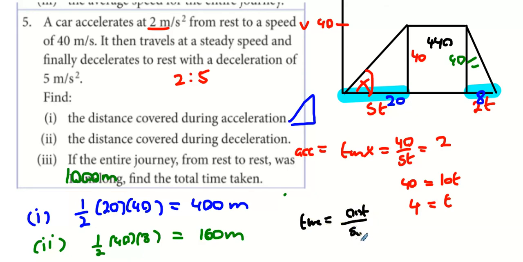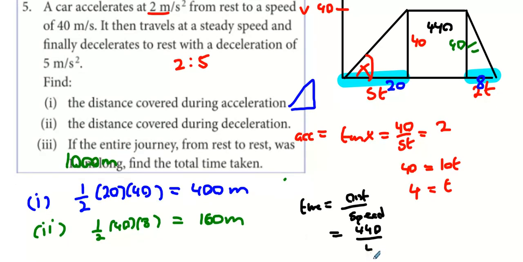And what would that be in this case? 440 divided by, what was your speed at that point? 40, which is how many seconds? So 11 seconds. Okay. What's the total time taken then? 39 seconds. 20 plus 8 plus 11 gets you your 39 seconds. Okay, we're good. So we've done 3 and 5.